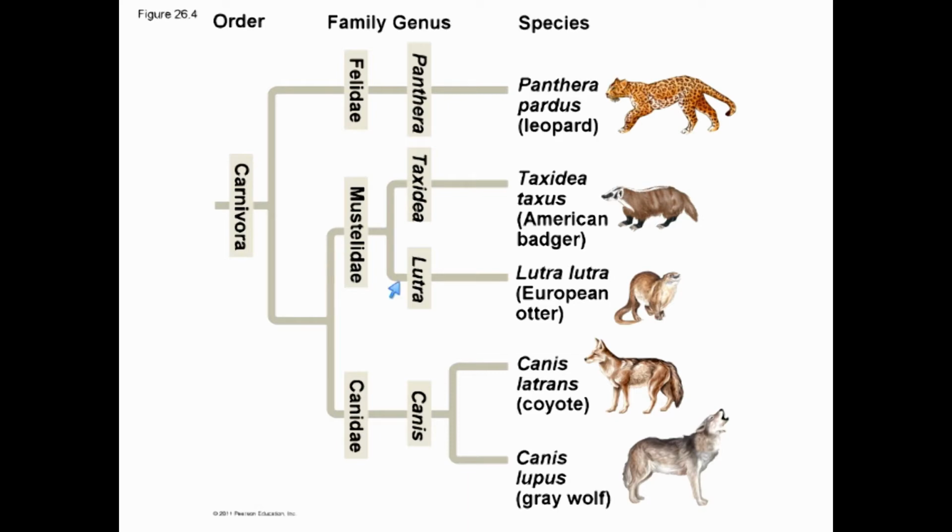These branch again into Lutra and Taxidea, and Canidae becomes Canis, which branches a little later into Canis latrans and Canis lupus, the coyote versus the gray wolf. So this gives you an idea of what a phylogenetic tree looks like, and you can have branches at different points where the taxonomic level diverged from the previous level.